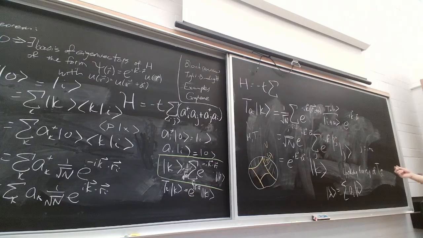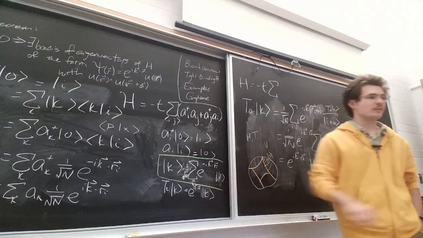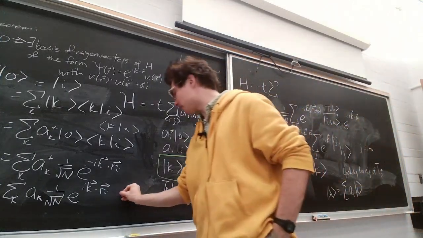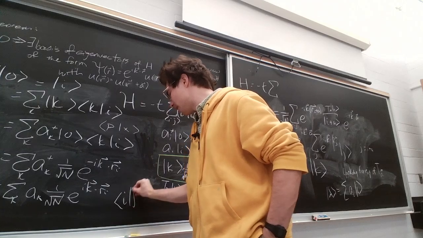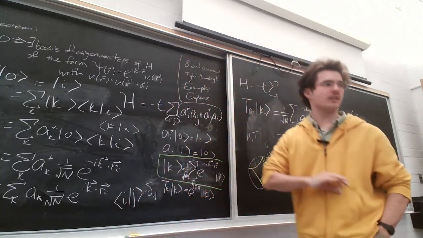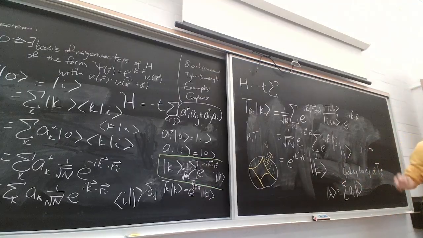You get some relationship between the coefficients a_i from these shifts, and you can figure out that it has to be this. 1 over root n is a normalization condition because you have n atoms in your lattice, and we also assume that these I states are normalized, and that the inner product of i and j is delta ij. So it's an implicit assumption. These are atomic orbitals.